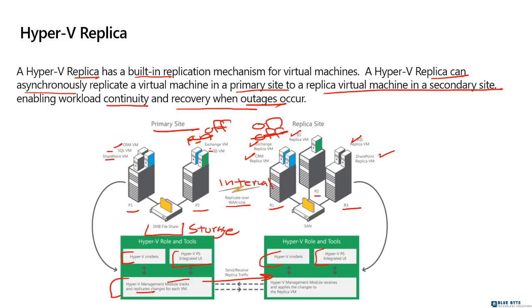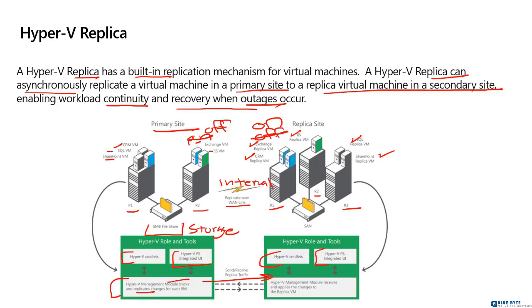So if this is Exchange 01, the replica is going to be named Exchange 01. I just define the IP address and then it goes to DNS and says, DNS, I'm letting you know I'm Exchange 01. This is the IP address, and that record is automatically updated. So now when any clients connect to Exchange 01, they would simply connect to the one on your replica site, but you would still be online and you can still deliver services.